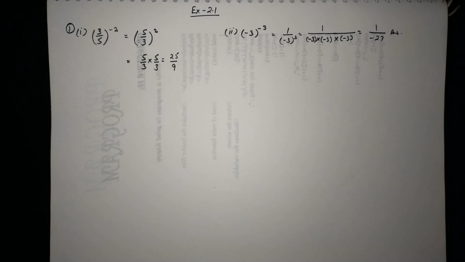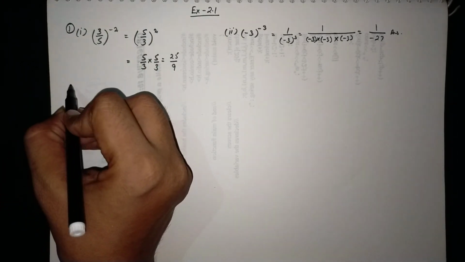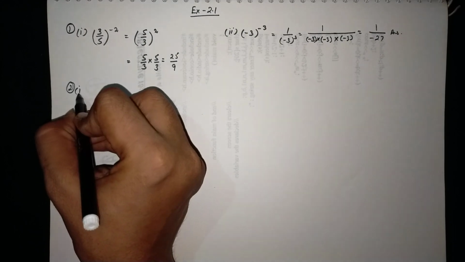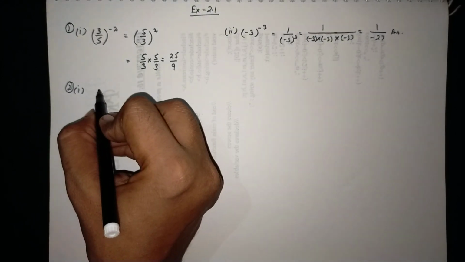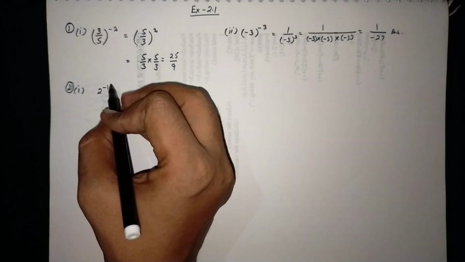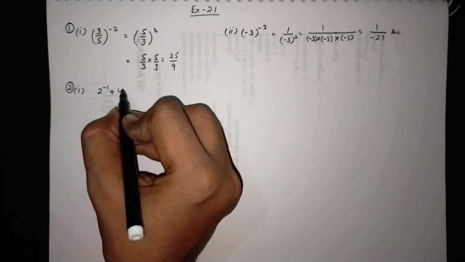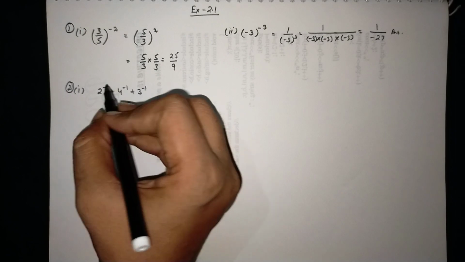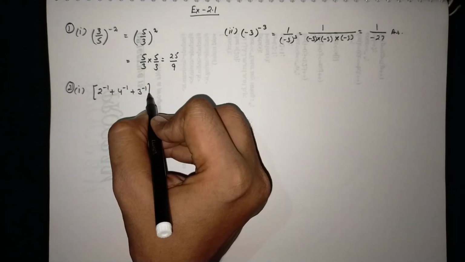After this, we'll go to question number 2. In question number 2, we again have a similar situation, but we'll be solving it. Let's see the first part. It is 2 to the power minus 1 plus 4 to the power minus 1 plus 3 to the power minus 1, whole to the power minus 1.